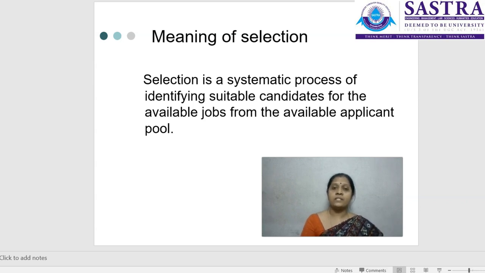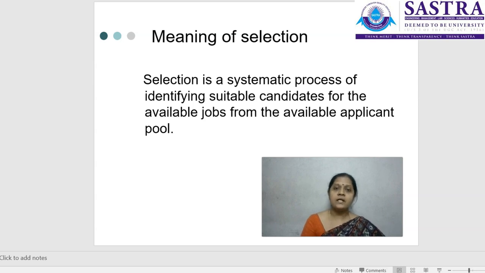But the selection process attempts to eliminate applicants in different stages to end up with a smaller number of applicants, the requisite candidates, and it is thus viewed as a negative task. That is the second difference.